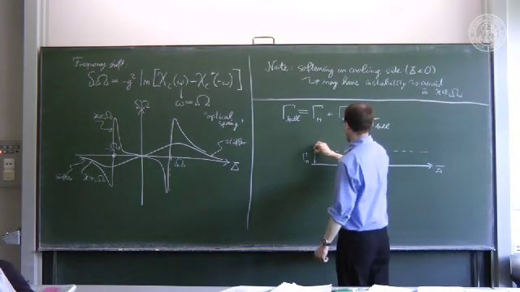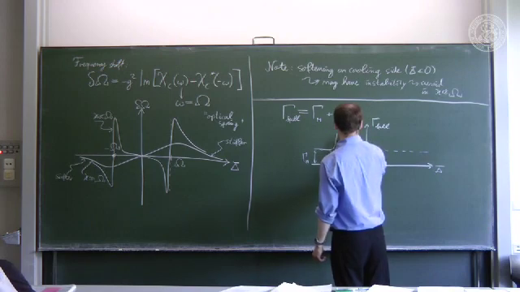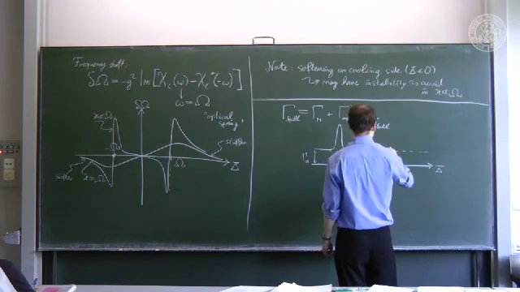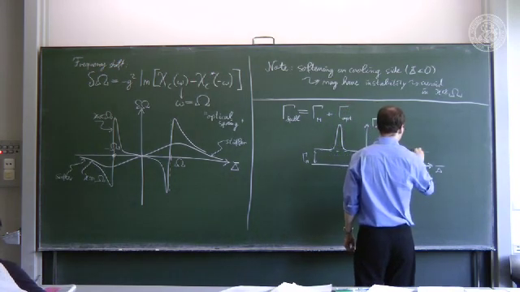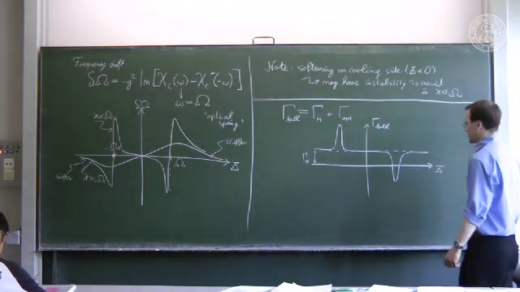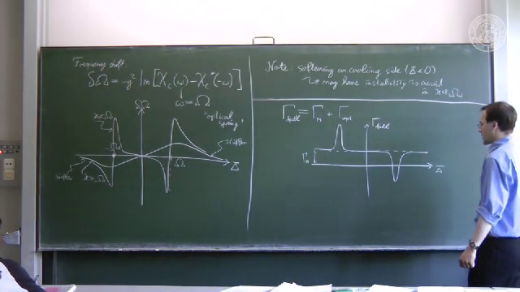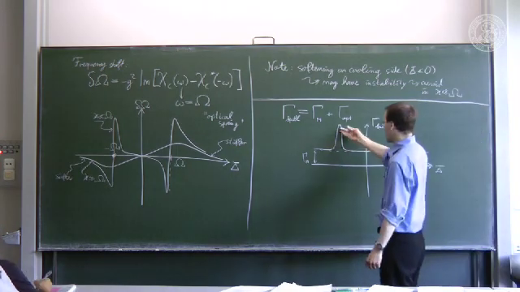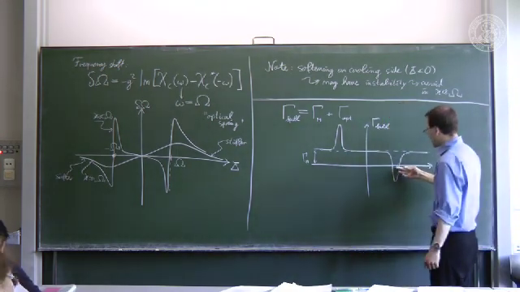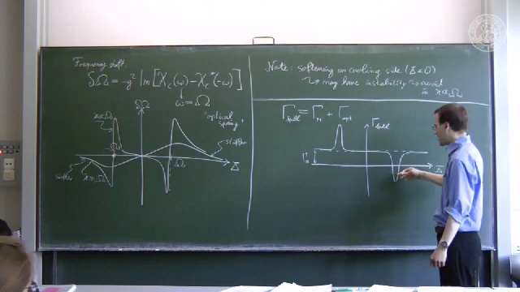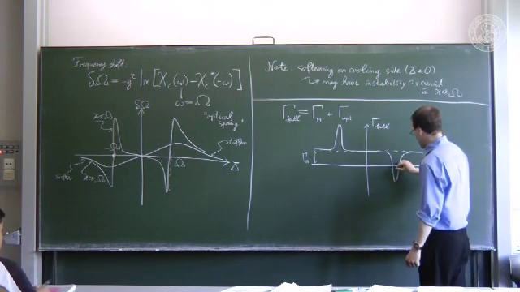Now, how did the picture look like? Well, at minus omega I had extra damping, and at plus omega I had negative extra damping. So here there is no problem, I will get cooling, but there is some region obviously where the total overall damping becomes negative.